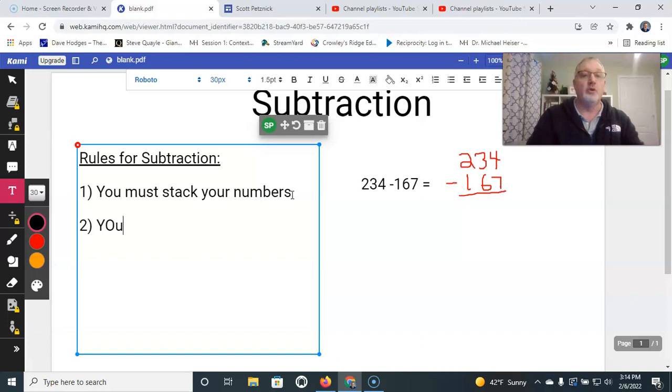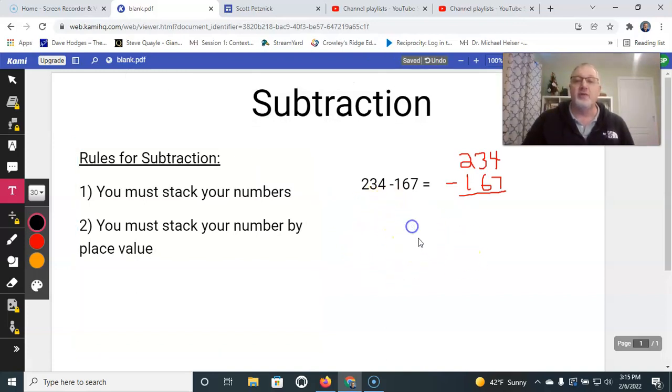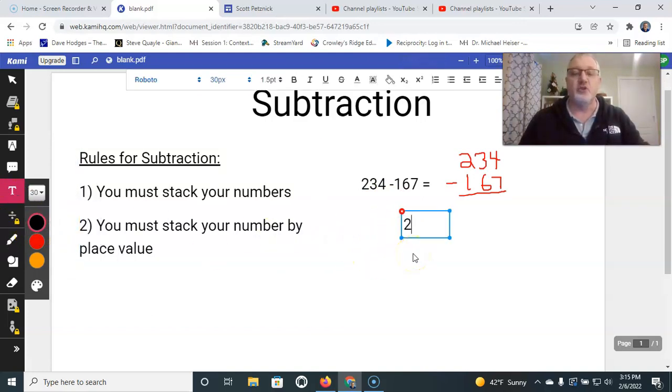The second mistake most commonly made is, and again, here's the rule, you must stack your numbers by place value, okay? Again, we will have kids that will try to do things like this. They'll take that same 234 and then they're going to subtract 24.